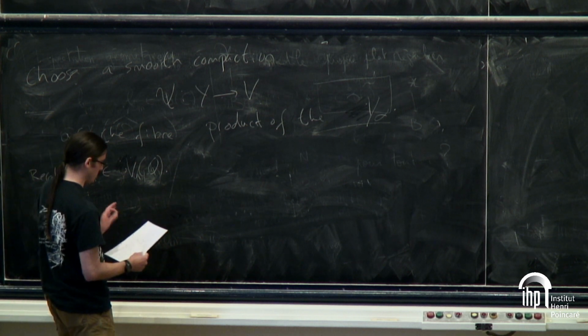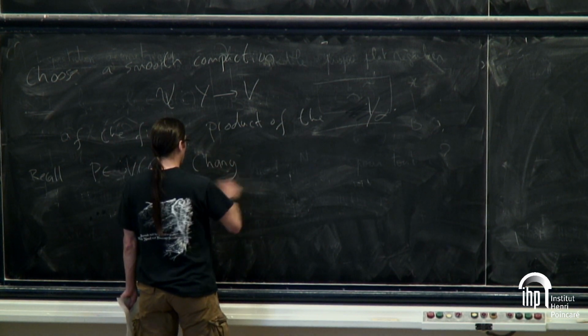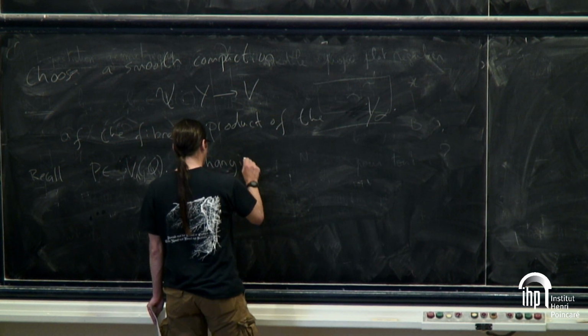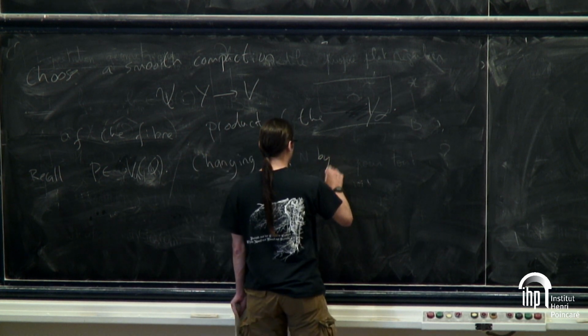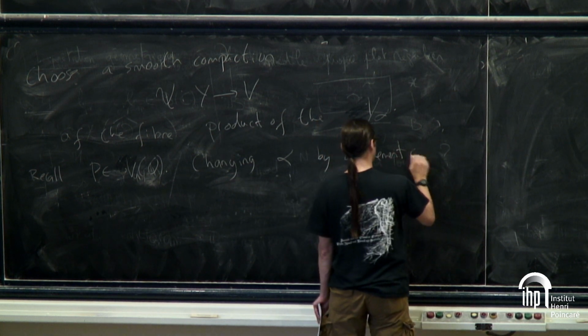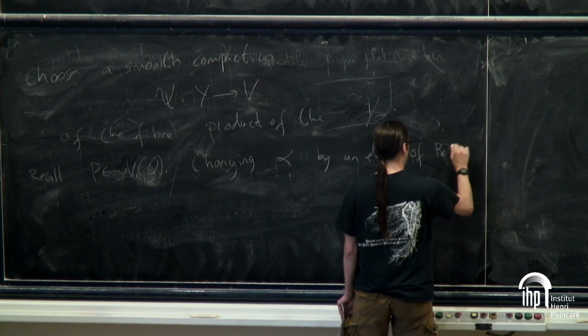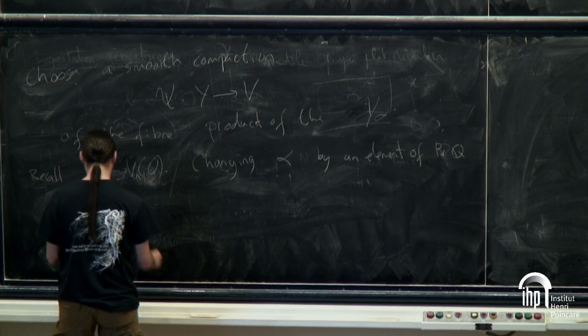I've got a lot of flexibility in choosing it, and I'm going to evaluate my Brauer group elements there. But I can change my choice of alpha by a constant algebra, changing each of them by an element of the Brauer group of Q, which is not going to change any of the setup at all.